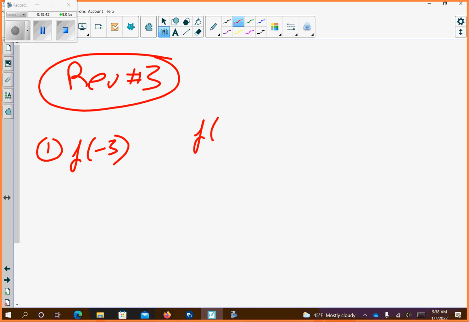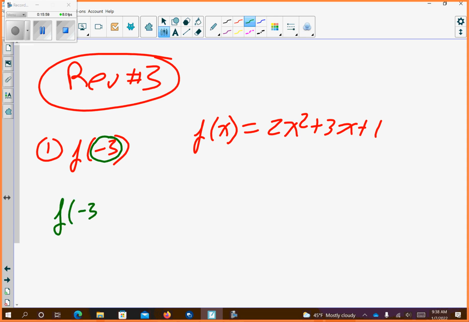So we know that above they tell us that f at x is equal to 2x squared plus 3x plus 1. So anyone want to take a gander at what I'm supposed to do with this -3? Yeah, I plug it into all the x's. So f at -3 is going to be 2 parentheses squared plus 3 parentheses plus 1.